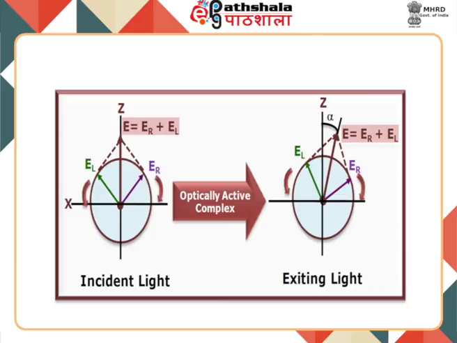Since the speed of light in a medium is manifested in the refractive index of the medium, the essential property of an optically active substance is that it has different refractive indices for the left and the right circularly polarized light, nL and nR respectively.